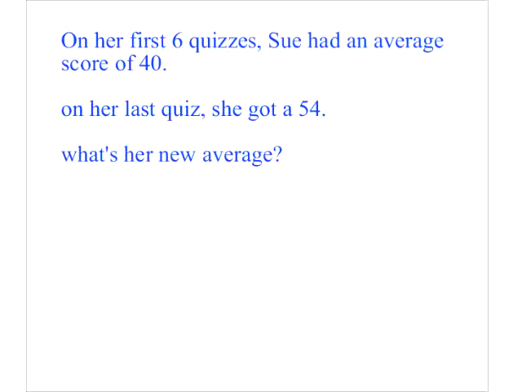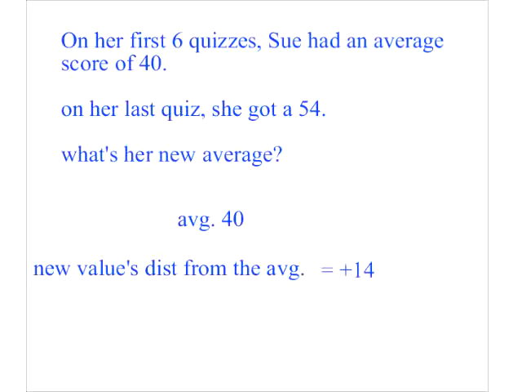Sweet. So again, just to remind you guys, the whole concept here is, if the average is 40 and the new value's distance from the average is plus 14, but we will end up having 7 data points there, meaning she had 6 quizzes, and now with another one we'll have 7 data points, then that means that the change to the average is going to be plus 2.